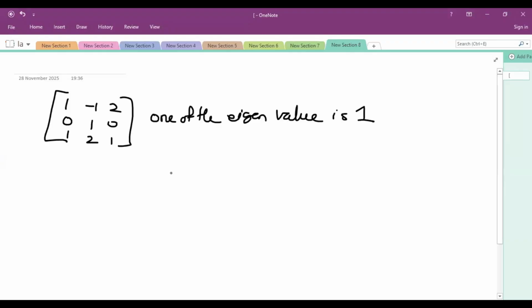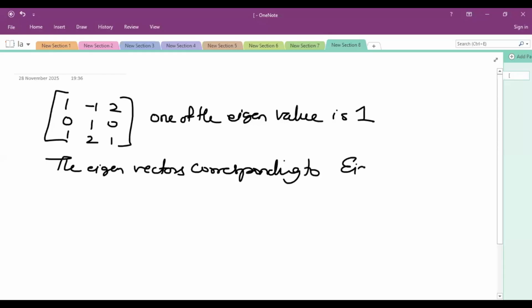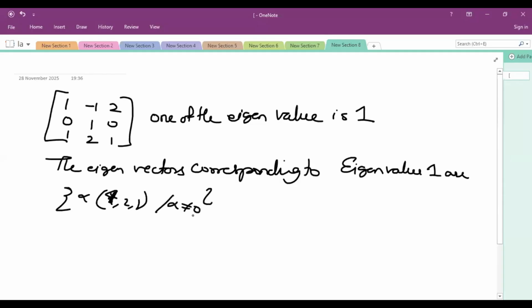The eigenvectors corresponding to eigenvalue 1 are, so we have some options. Alpha times (4, 2, 1), such that alpha is not equal to 0 and alpha is a real value, or alpha times (minus 4, 2, 1), again alpha not equal to 0.